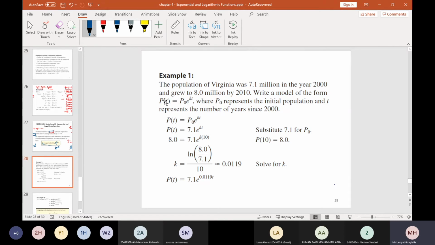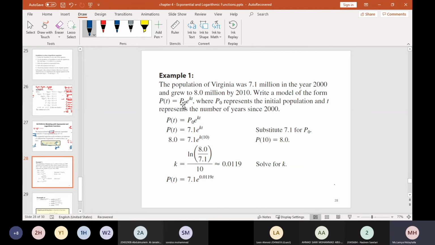The population after any time t is the initial population times e raised to kt. Okay, that is, if you know how much your population was initially, then you can find it after any number of years.